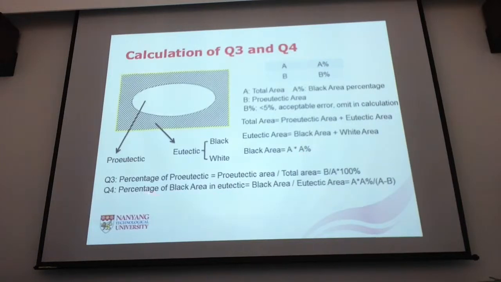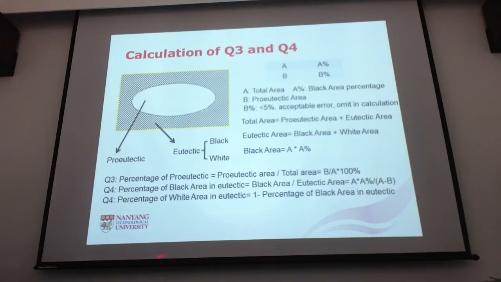So the percentage of this in the eutectic area is A multiplied by A% divided by A minus B. The second is easy, it is 1 minus the percentage of the black area, which you already calculated. So this is all. Any question?